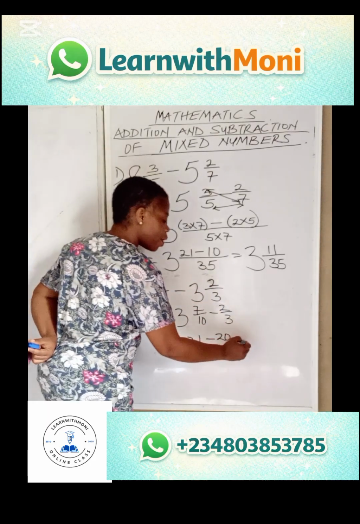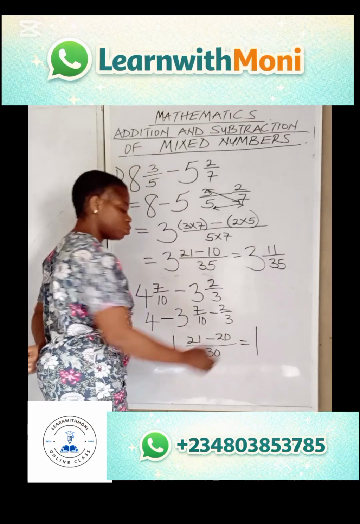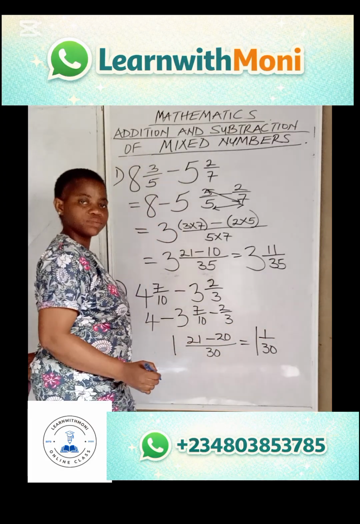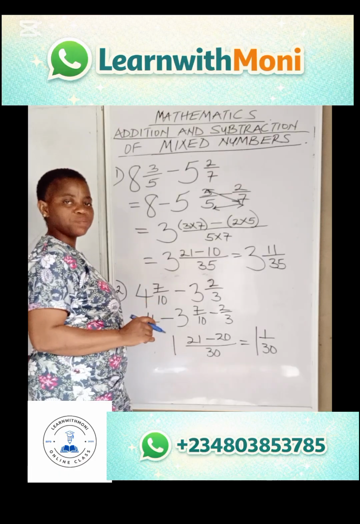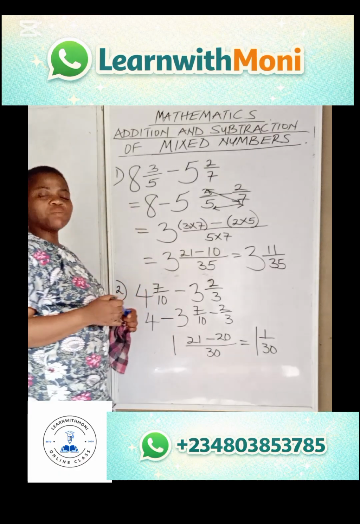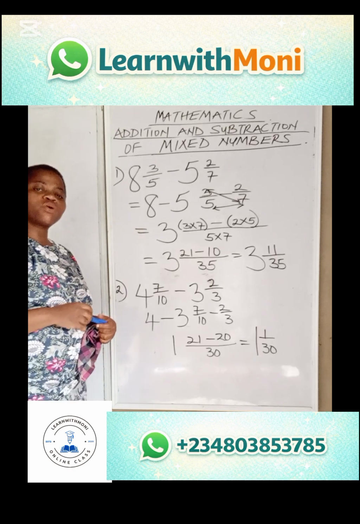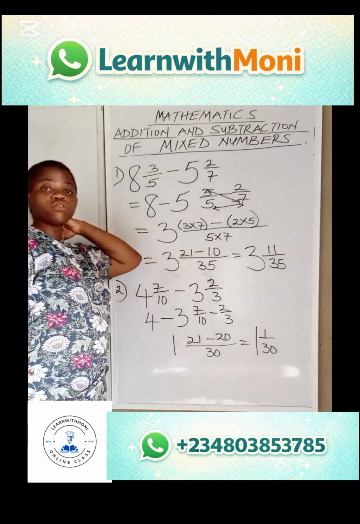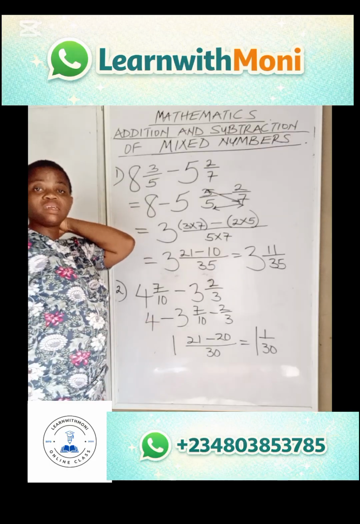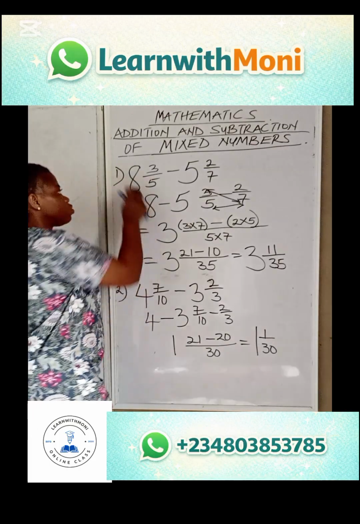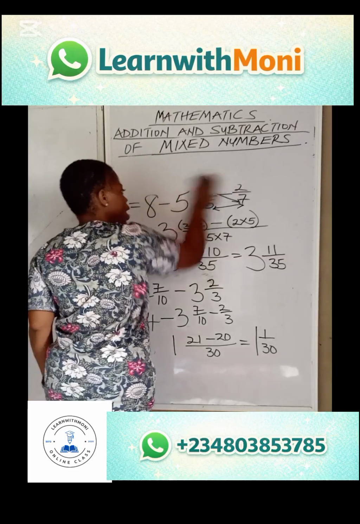So that our answer is 1 whole 1 over 30. I believe this is simple and understood. But there are some cases with subtraction of mixed numbers where we find it difficult to subtract the fractions from each other. Let's look at such situation and how to handle it.